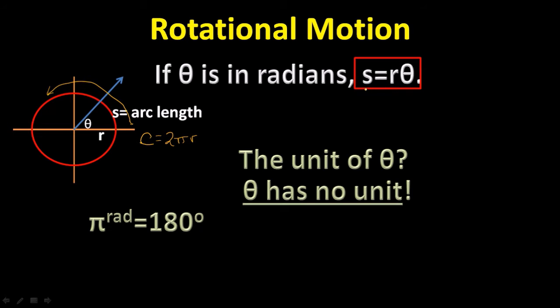So that means the arc length for the entire circle would be 2 pi, but that would be precisely the angle measured in radians. But we already know that the angle around a circle is 360 degrees. So if we divide both sides by 2, we find that pi radians is 180 degrees.